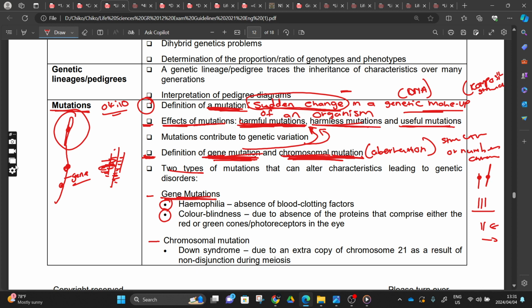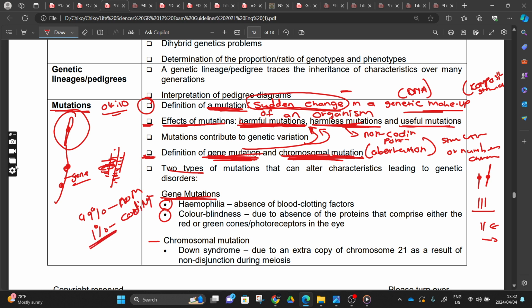And from there we have harmless mutation. With harmless mutation, we are talking about a mutation where the results are not that harmful, or you'll see this when we do our exercise book, where that mutation is happening on a non-coding portion of a DNA, right? At this moment, in term 1, you should have learned, or your teacher should have told you, that in DNA, 98 or 99, they used to say 99% of this DNA is non-coding DNA, and only 1% of this DNA is the coding DNA.